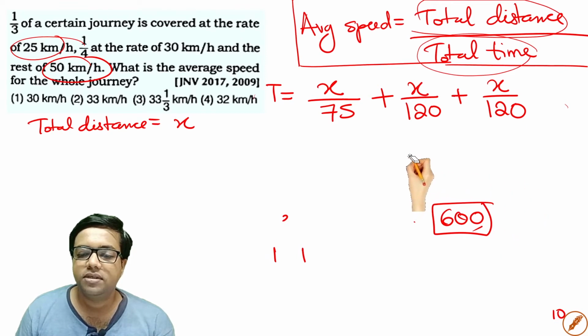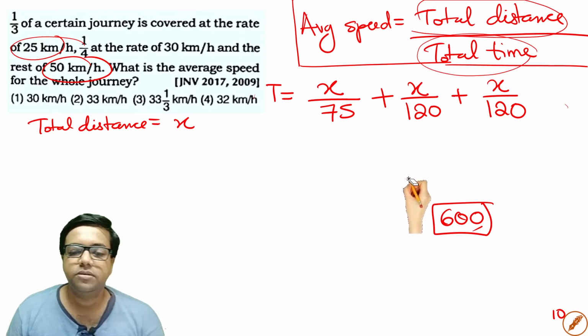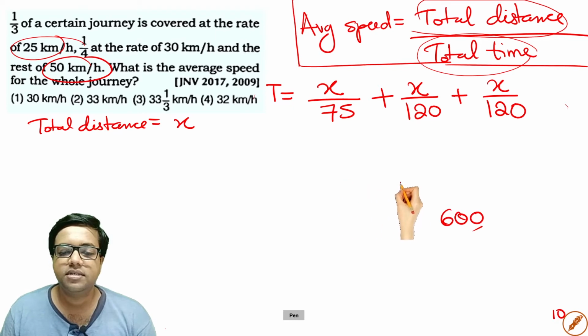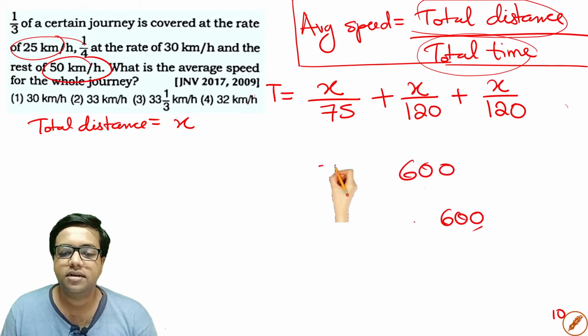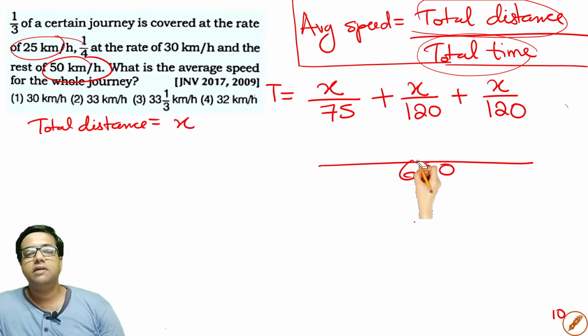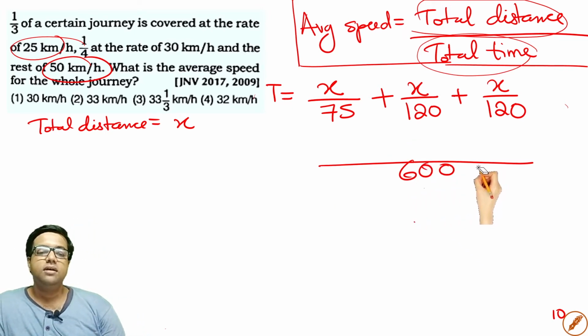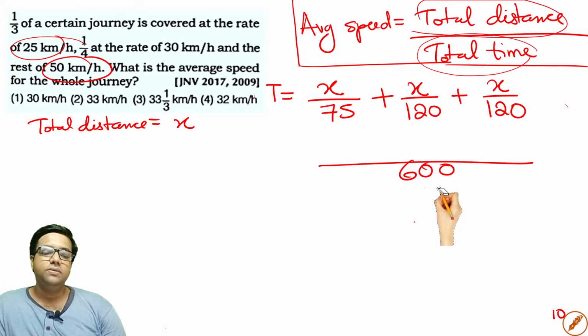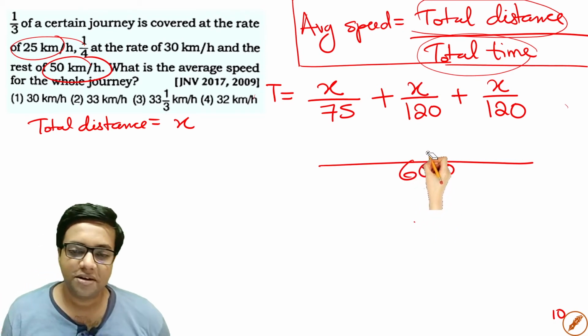Let me take away all these things. LCM is going to be 600. So take the LCM as 600. How many times will 75 give you 600? That is the question here now.